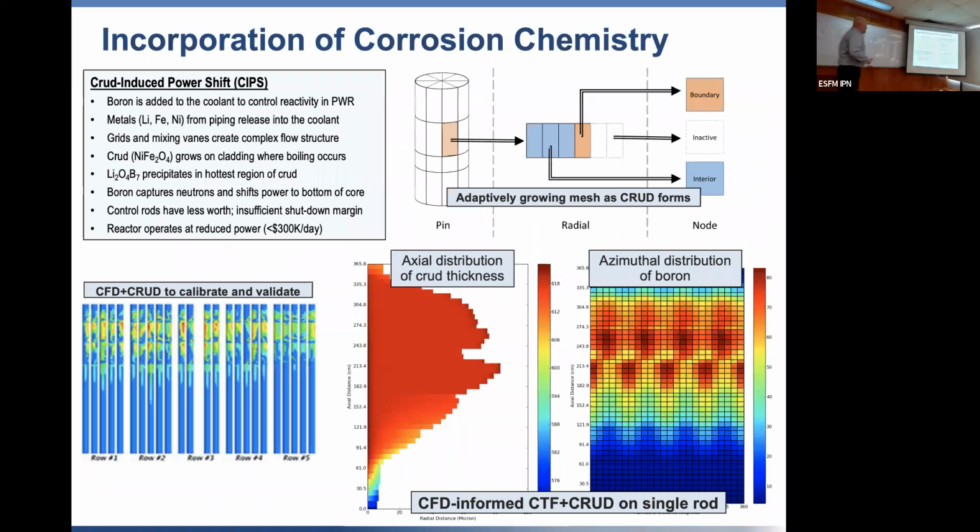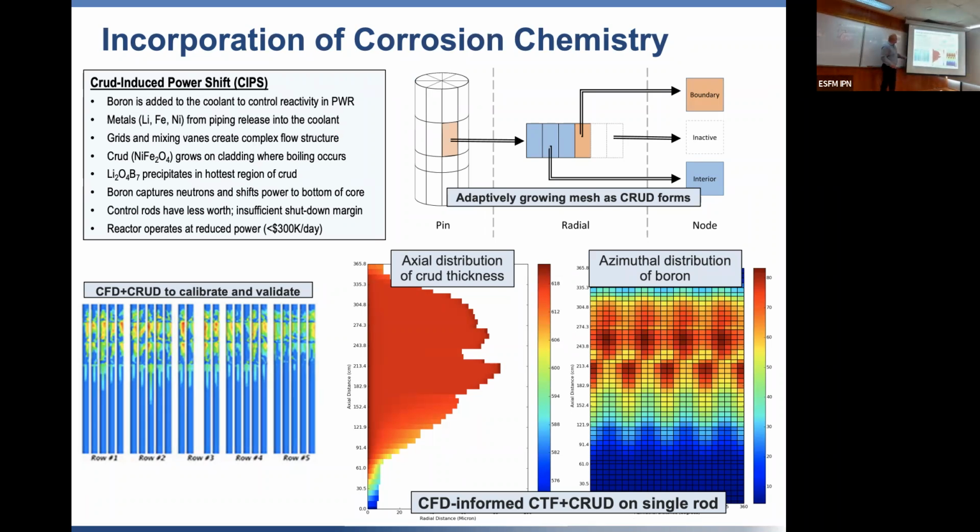So now if we want to incorporate some chemistry, we're talking about what the crud is. Boron in a PWR is added to coolant to control reactivity. Those metal ions, lithium, iron, and nickel from the piping get released into the coolant. All of the complex flow that comes out of grid spacers and mixing vanes leads to complex temperatures on the surface of the cladding.